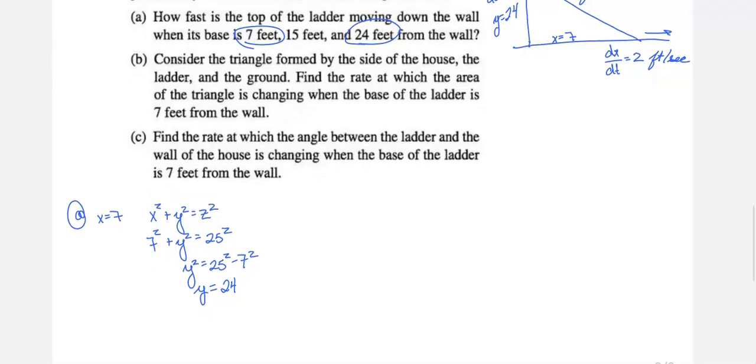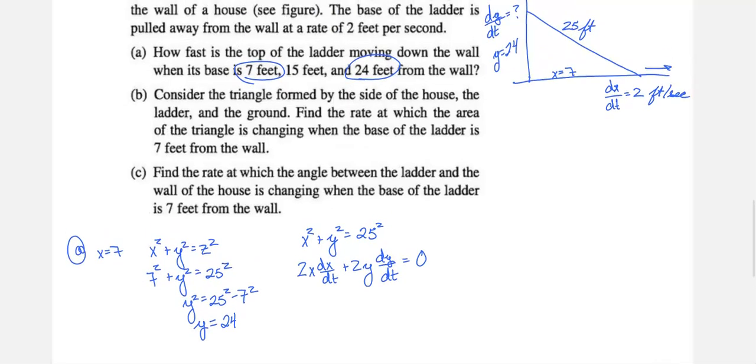So here's the way I look at this problem. I have x squared plus y squared equal to that constant, 25 squared. So when I take the derivative with respect to time, the derivative of that constant is going to be 0.